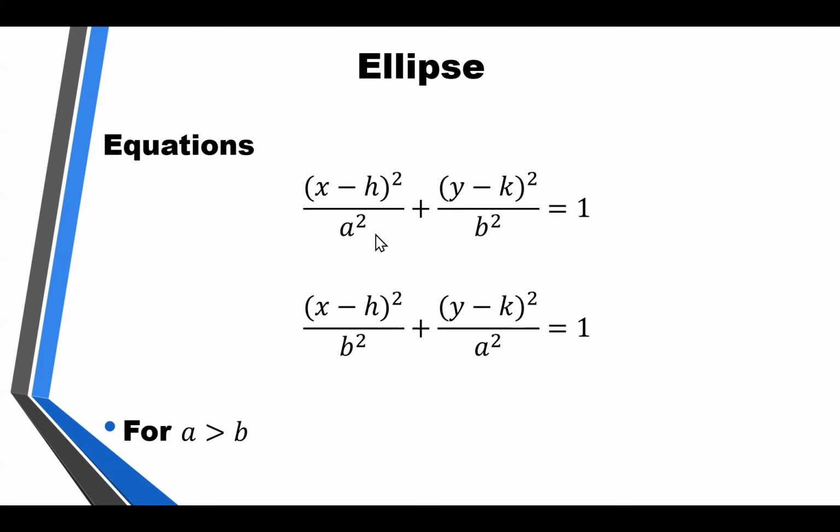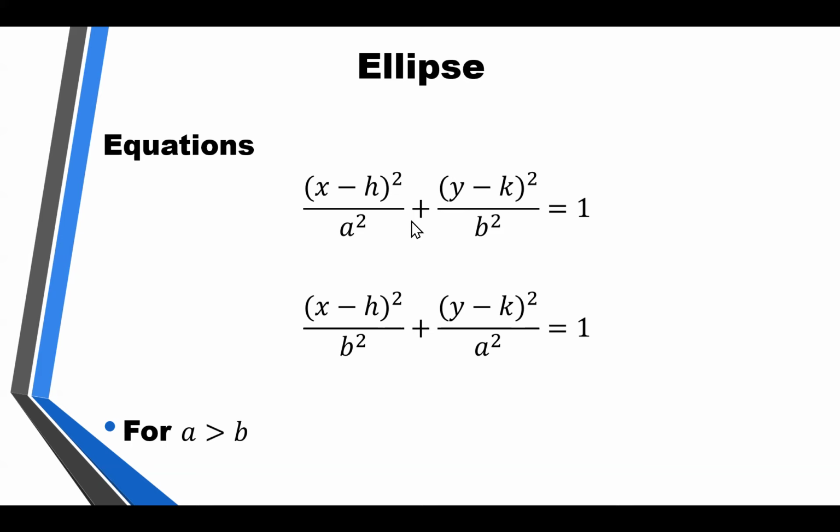Notice that the equations of the ellipse, we have x minus h squared over a squared plus y minus k squared over b squared, or we swap the a and the b. But we have a plus in here.